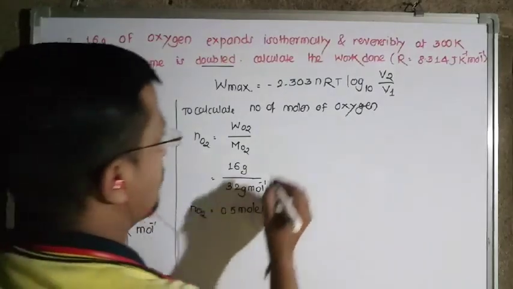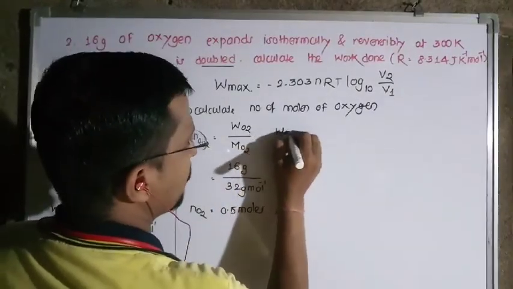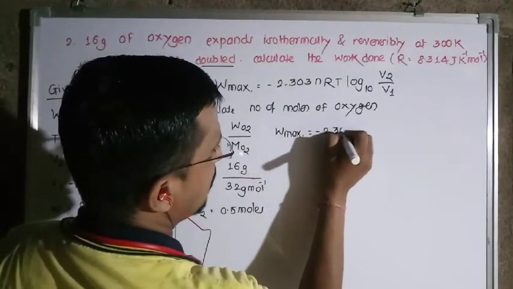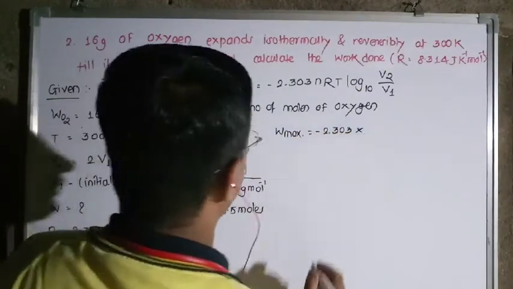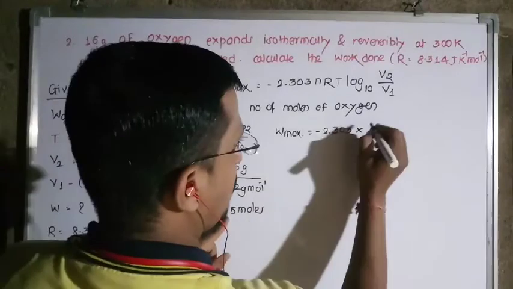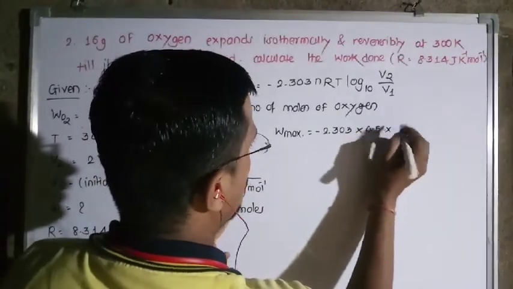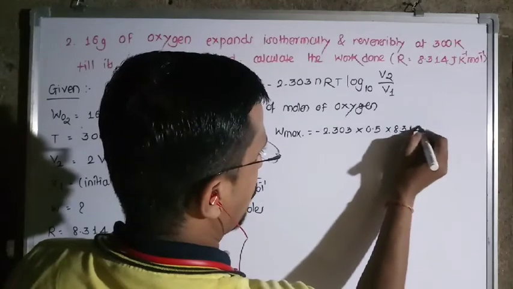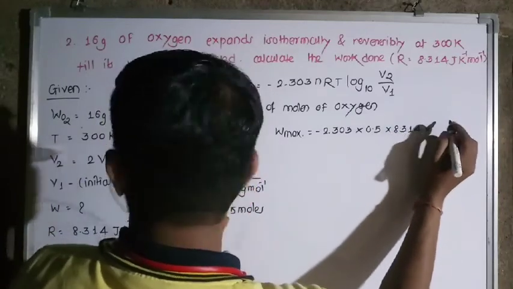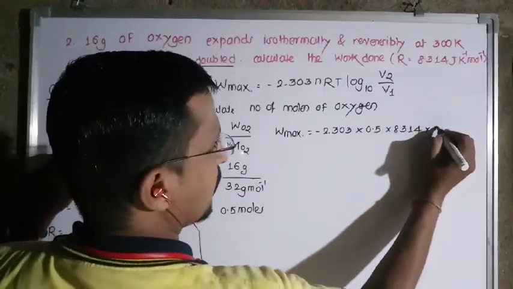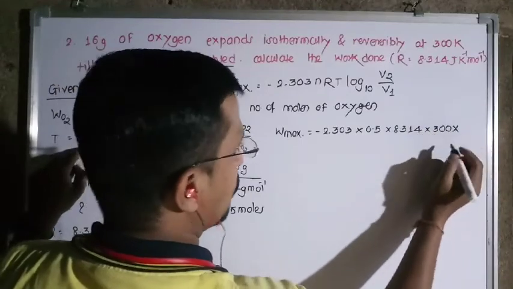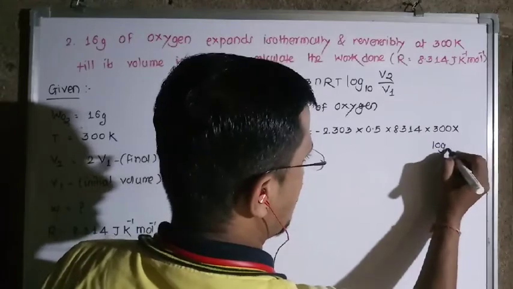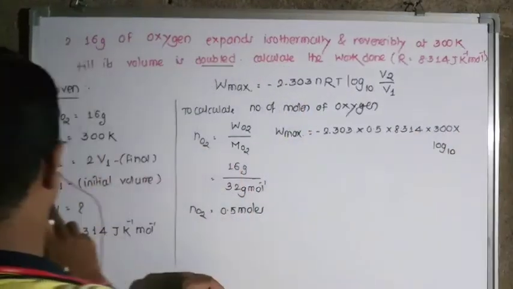So if you substitute these values, then W max is equal to minus 2.303 into number of moles 0.5 into R 8.314 into temperature 300 into log to the base 10 of V2 by V1.